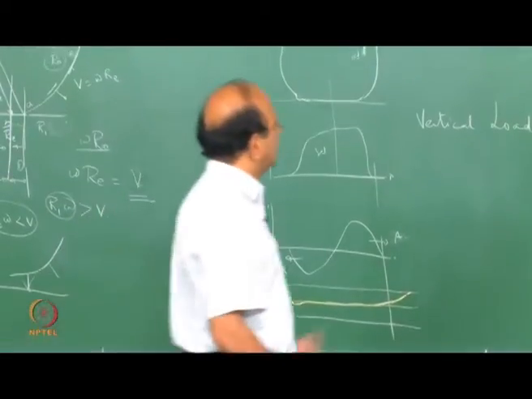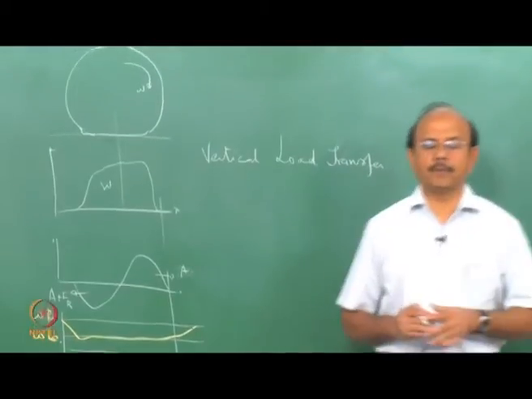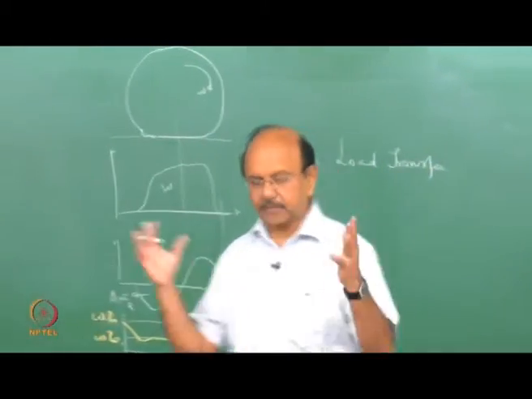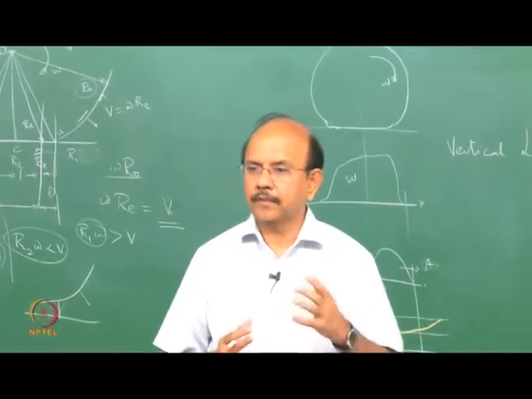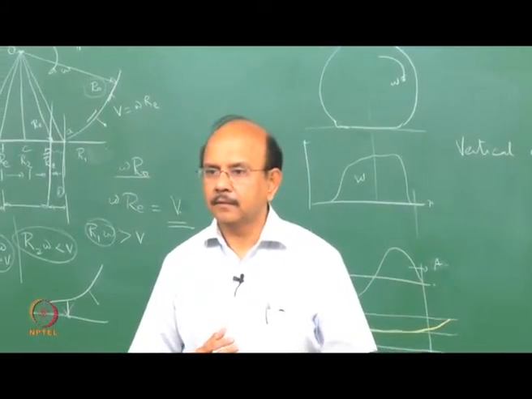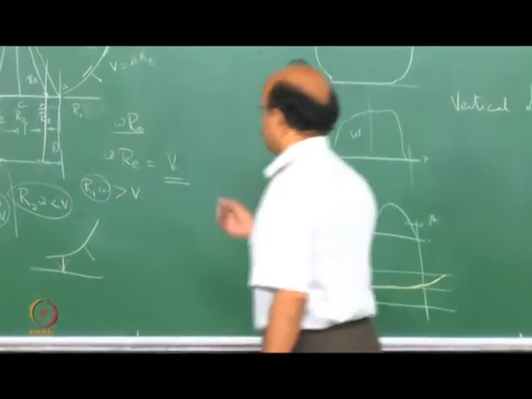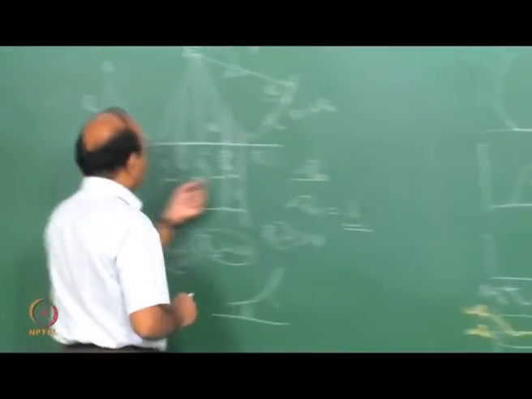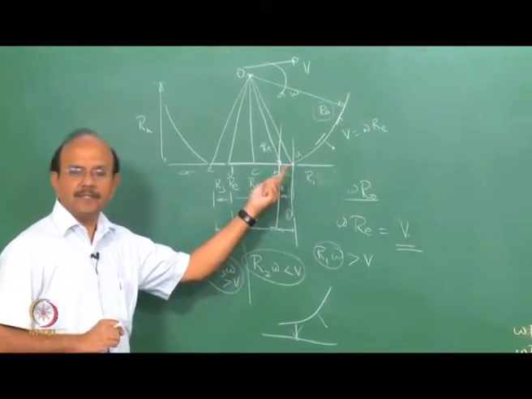There's a tendency to believe, not all of you, I'm sure, have this kind of belief, but some of them, as I see it. Yes, R1 omega, R2 omega, they are all instantaneous velocity at that point. Yes, absolutely. So in other words, the question is, does the velocity actually change?